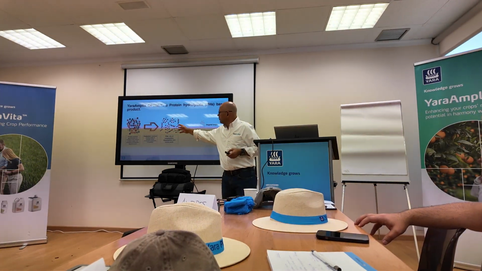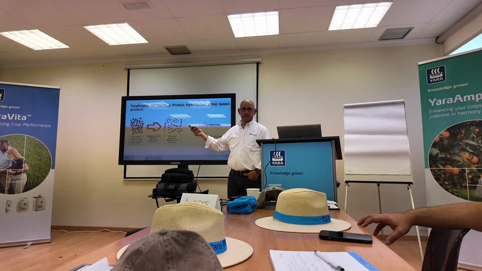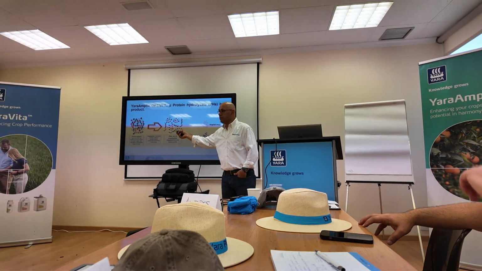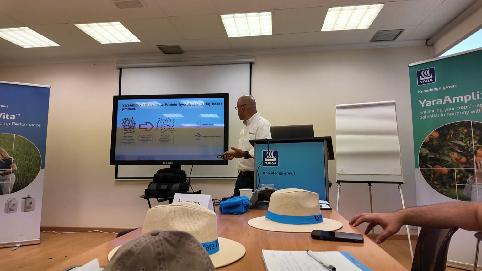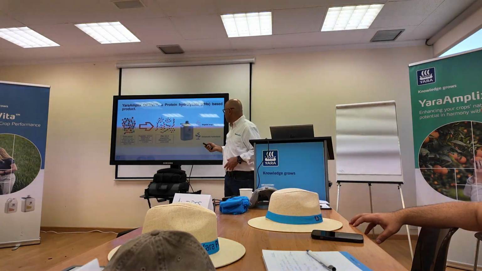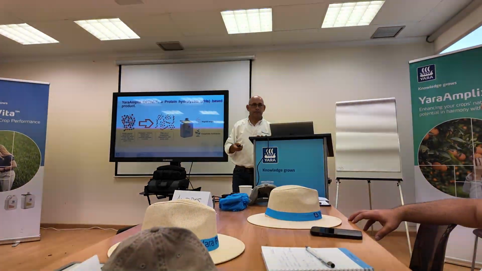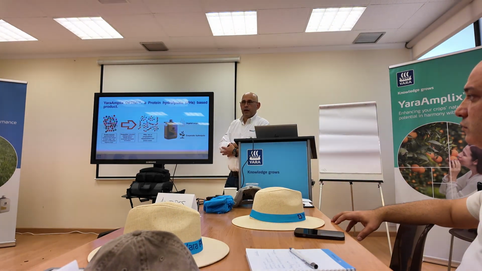So what we can do is the same process of getting proteins from animals, from vegetables, and chopping them either with chemicals or in this case with enzymes, and create the right combinations of peptides and amino acids to be applied to the plants.